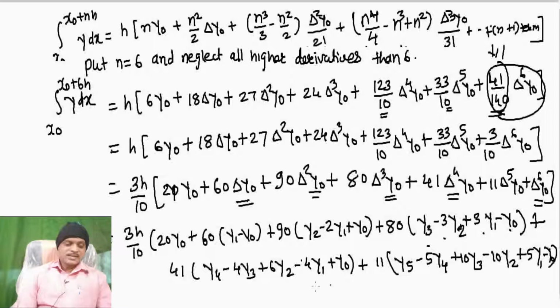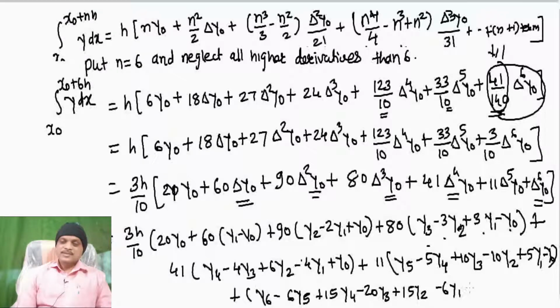Plus delta raised to 6, that is y6 minus 6 into y5 plus 15 into y4 minus 20 into y3 plus 15 into y2 minus 6 into y1 plus y0.